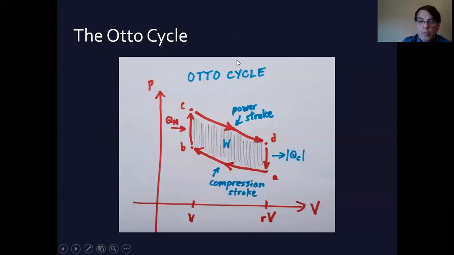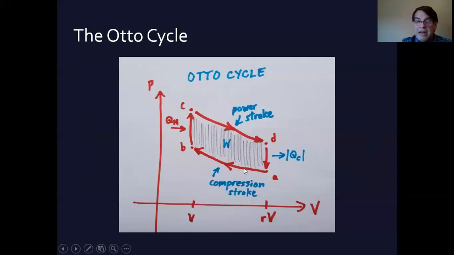Okay, so we start at point A. We're starting out with the intake stroke already happened, and so then we have the compression stroke, which changes the volume from RV to V. It's a decreasing of the volume.